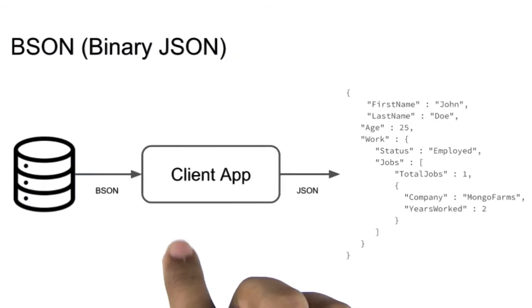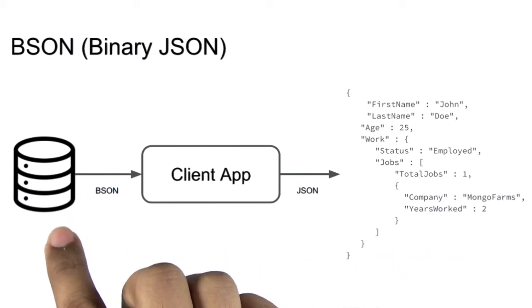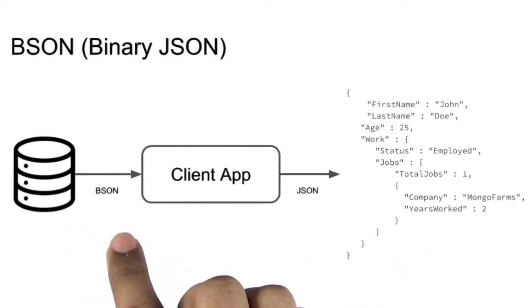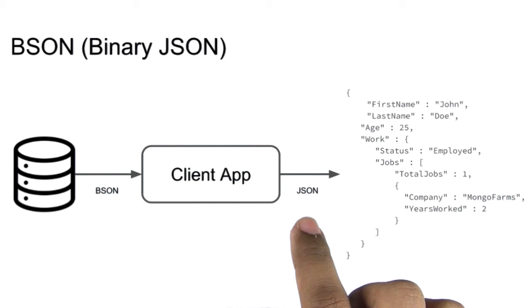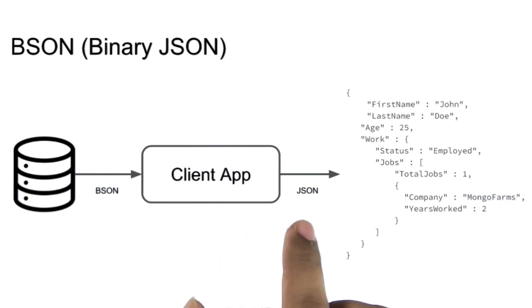Now earlier I said that MongoDB returns documents using the JSON formatting at the application layer. At the storage layer, Mongo encodes your documents using BSON, or binary JSON. BSON is binary encoded serialization of JSON-like documents. The MongoDB drivers automatically handle translating BSON to JSON. All you ever need to worry about is the JSON.